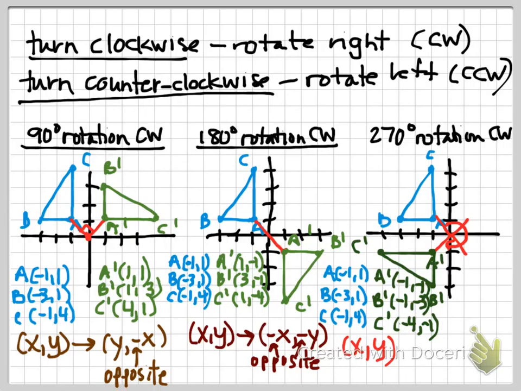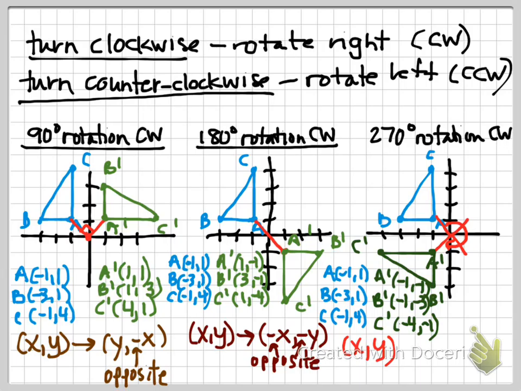Okay, they switch. Now, I agree the X's sign stays, but I see a sign change here. Like the signs are the same for like both coordinates. No. Because if that was the case, this would be negative 1, negative 4, and then that would make it negative 4, negative 1. But notice, this was a positive 4, and now it becomes a negative 4.